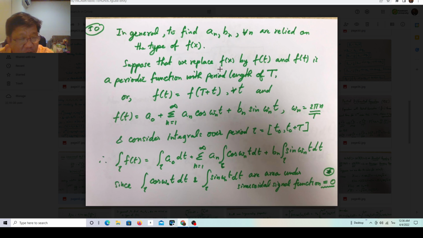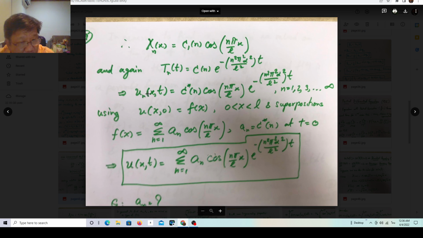So before we show you how to use this, first of all, you must not be confused by the statement that I use here. I use here the supposition that we replace f of x by f of t, and this t is a different domain than time t. Now the t domain becomes the x domain, but t is not the same as when you're dealing with x and t simultaneously.